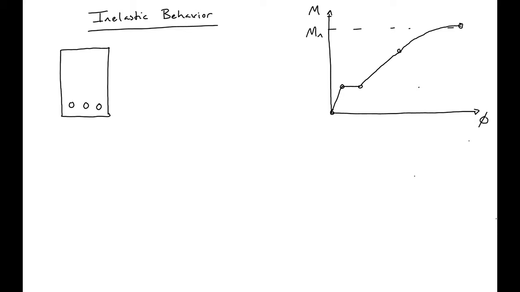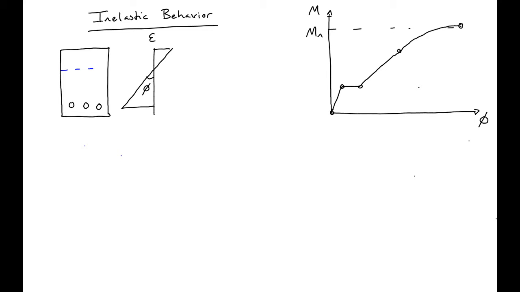So what will happen is our section is going to continue to rotate, and we'll have our neutral axis, and once again we can relate our strain to our curvature, assuming that our plane section remains plane.